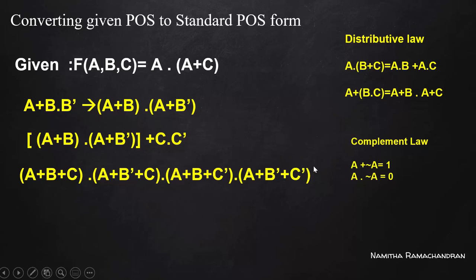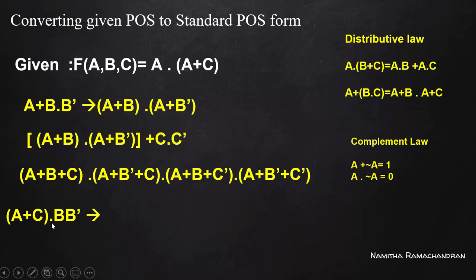So now we get a standard POS form for this A, the first product term, max term. Now it is converted like this. And for this one, the B part is absent. In order to make this into its standard form, we need to consider the B part.